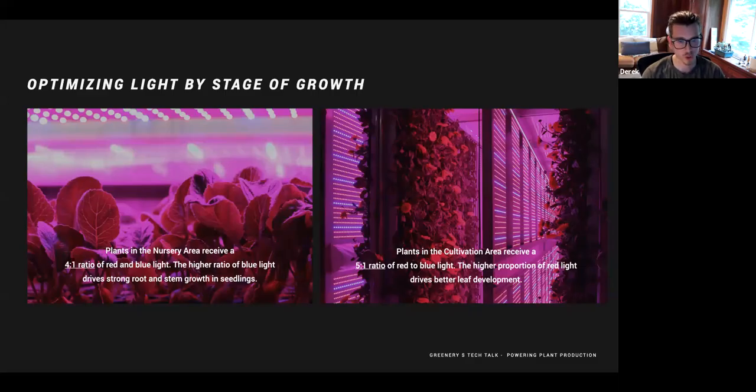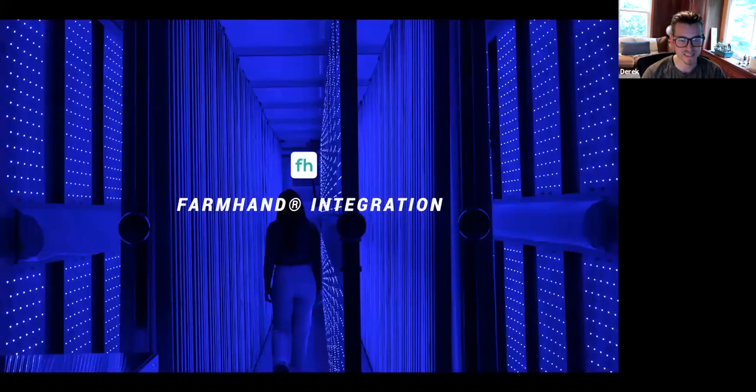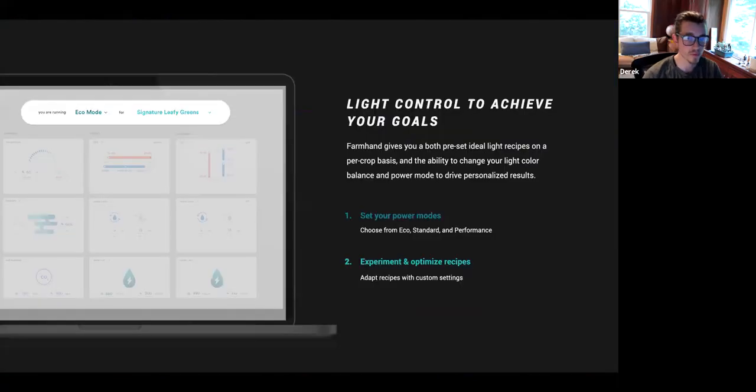Now, all of this control of these lights is powered through our FarmHand software and app. FarmHand will provide you with a preset lighting recipe or multiple preset lighting recipes based on a variety of our canon of crops, those most sold, those most grown crops within our Freight Farming Academy.